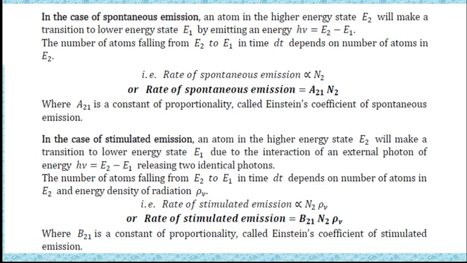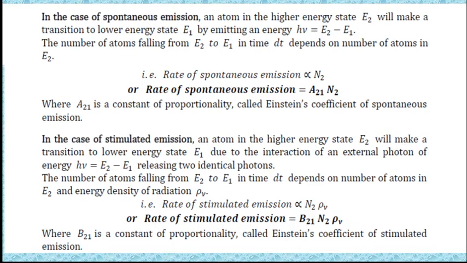When such downward transitions occur due to the stimulation by an incident photon, a larger number of such stimulated downward transitions can be observed. Therefore, these stimulated downward transitions depend on two factors.